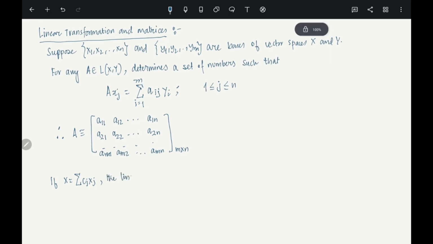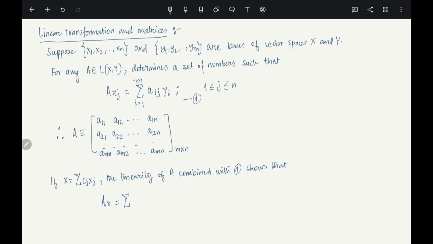The linearity of A combined with the representation, let's call this 1, shows that A of x is nothing but the summation over j of c_j times A of x_j.